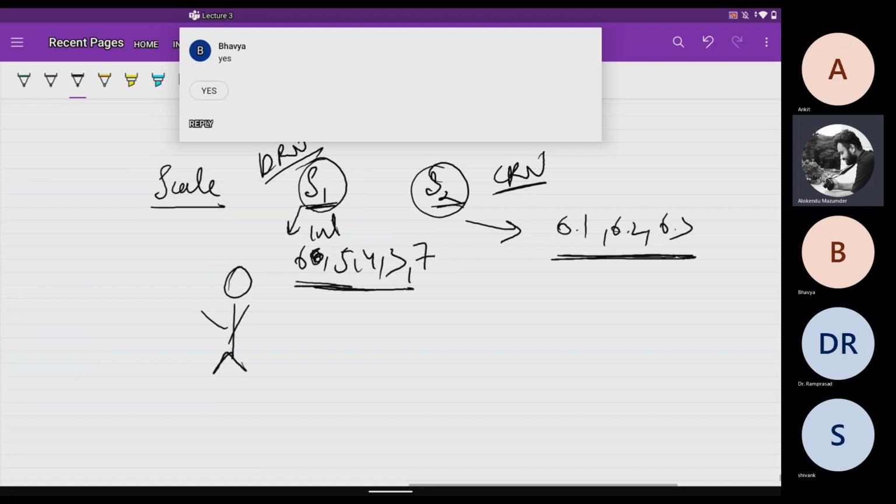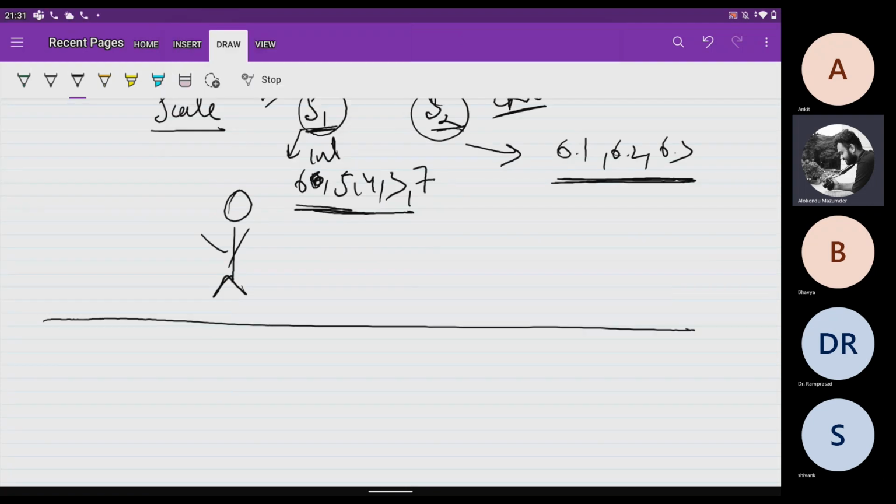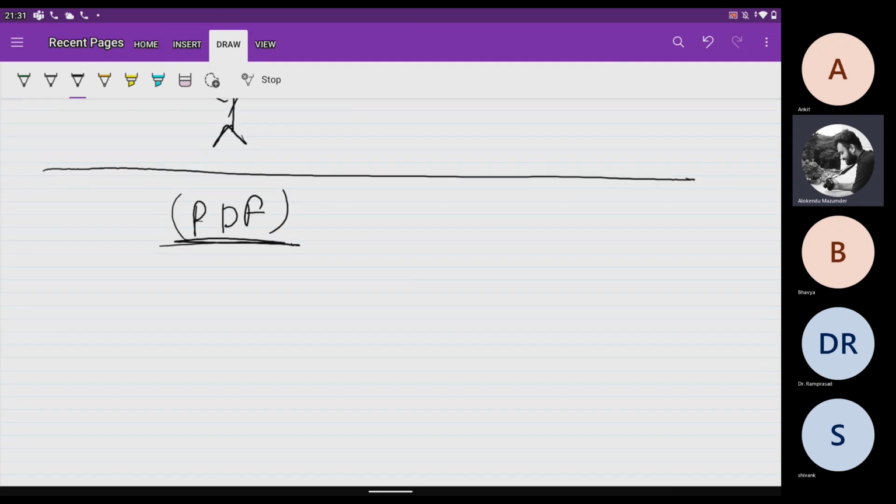Let me define something known as the PDF, or the probability density function.